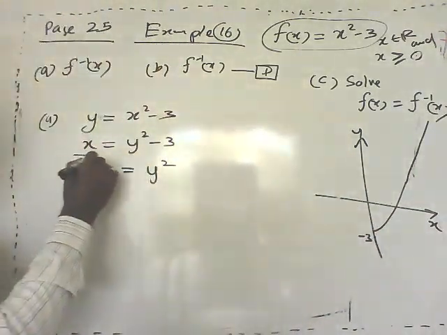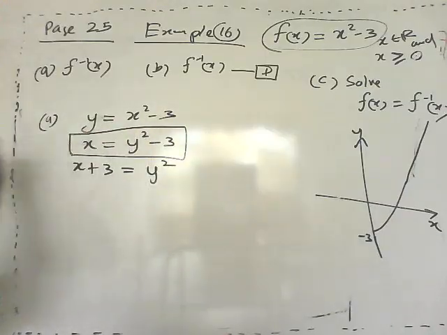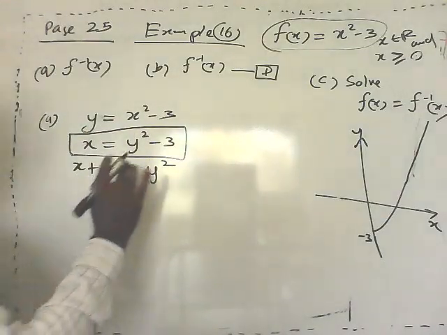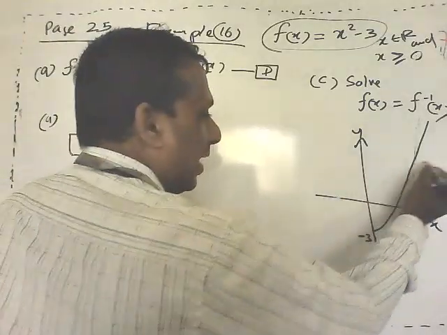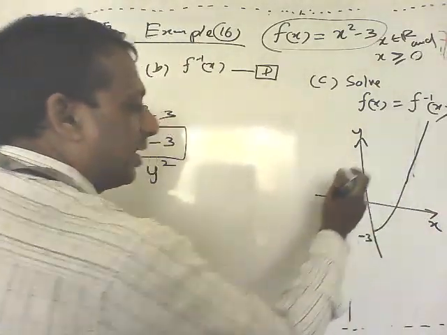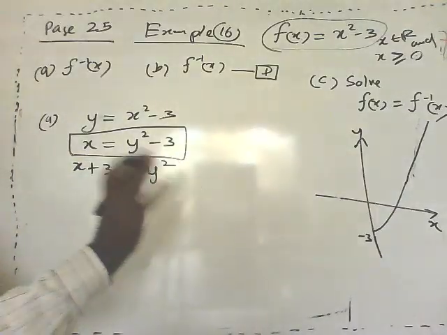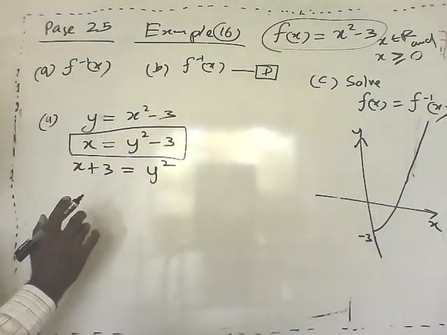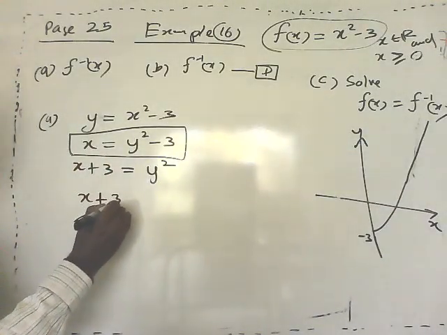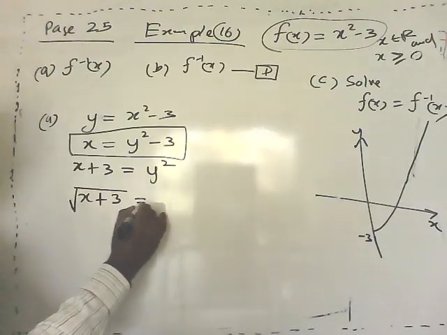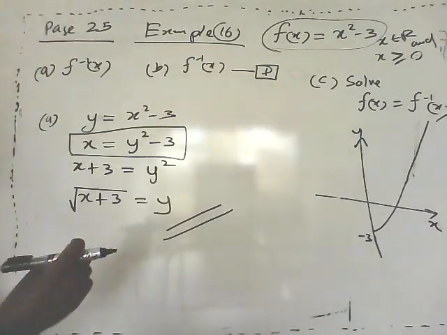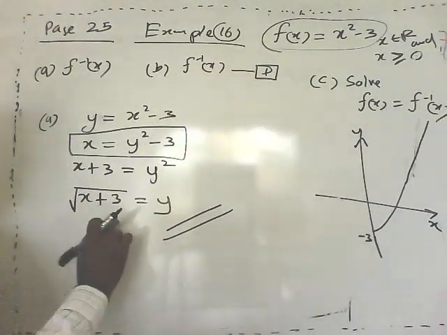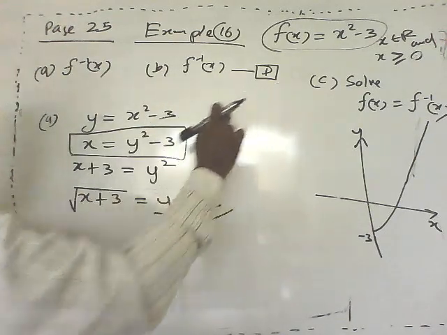Now when we consider this situation, it is going to be a quadratic, y squared is like this, and minus 3 has come to this side, but we will not think of that, we will just keep it as it is, and then the square root of x plus 3 is equal to y. So this is the f inverse x, right? And now we have to be very careful. By looking at this, what would be the domain of f inverse x?